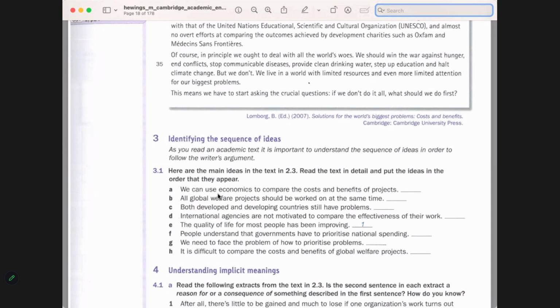So all the problems which we have to prioritize. It's G. G, yeah.